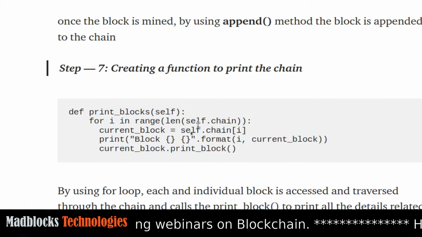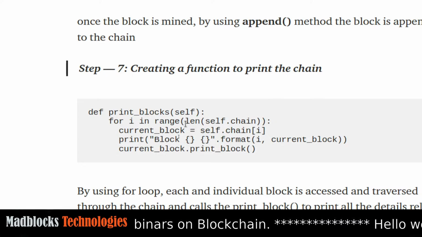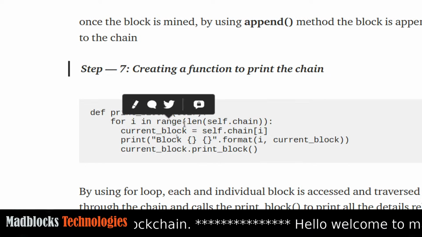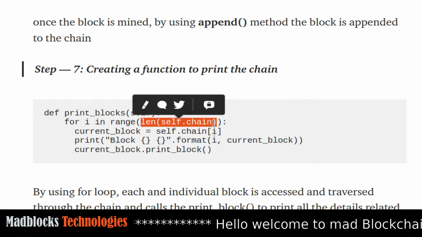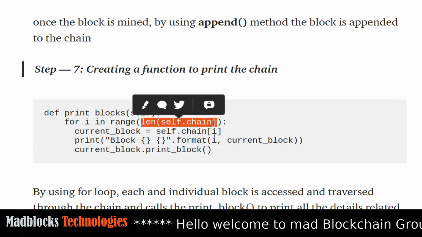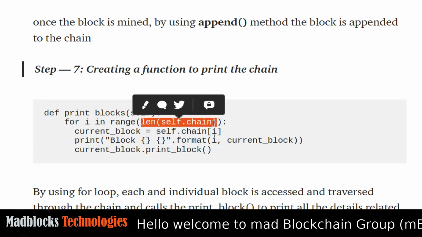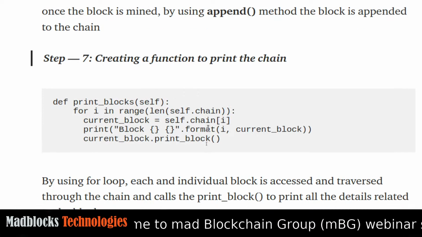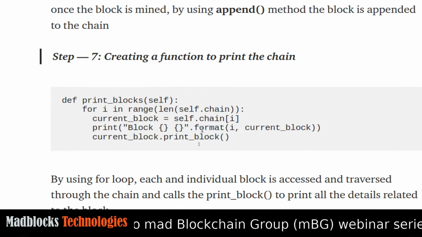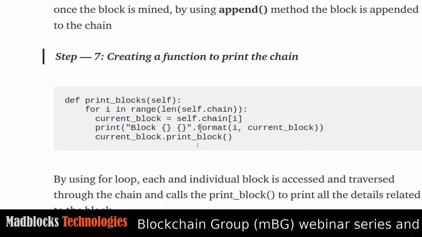We have to pass the length of the chain. You know in Python you have the range function. So here we have passed the length of the chain. So immediately what will happen? That many list indices will be created, and member by member it will be accessed and printed here. Okay, so member by member it keeps accessing and keeps printing there.